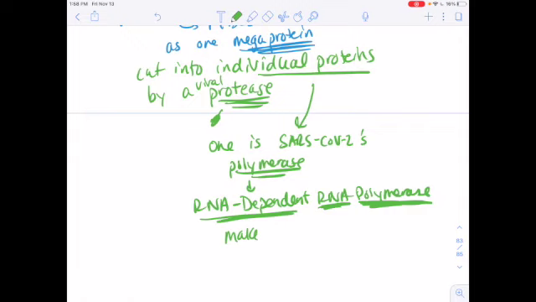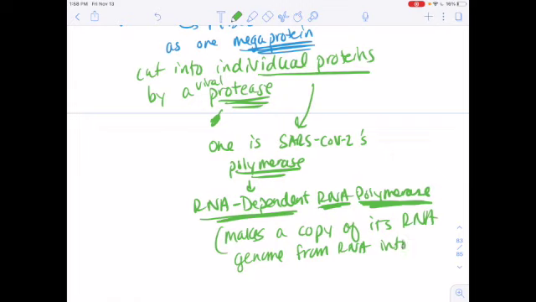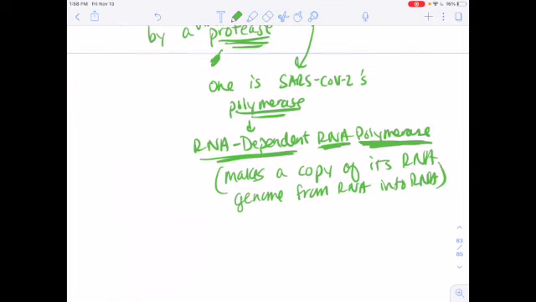So it makes a copy of its RNA genome from RNA into RNA. In other words, it uses RNA as a template, not DNA as a template. Let's see if I can say this better.